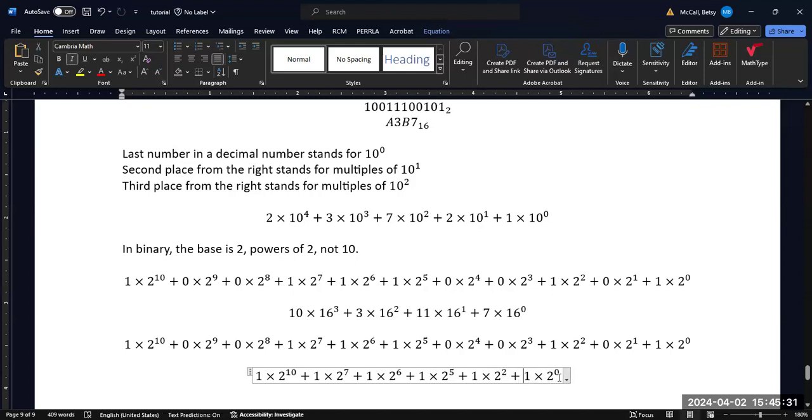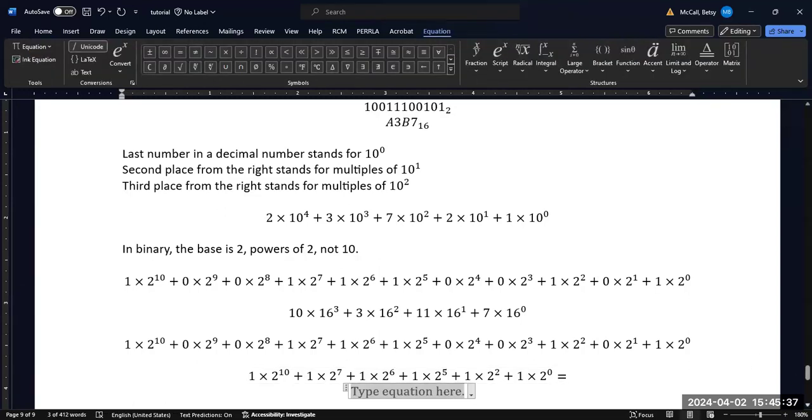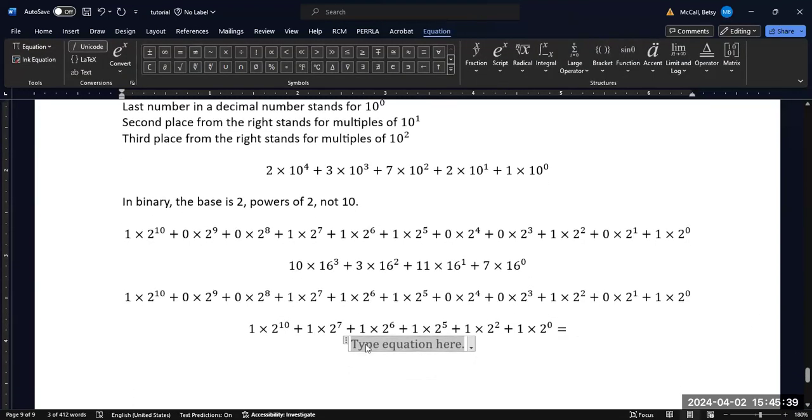The zeros are obviously not contributing in any way. And then we can rewrite what we have as the decimal equivalents of these powers of 2.